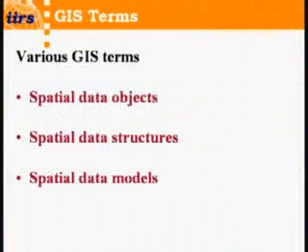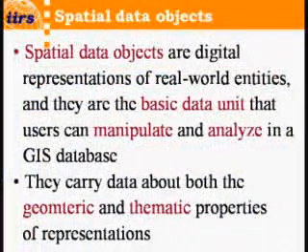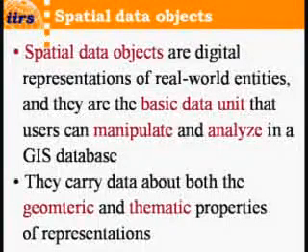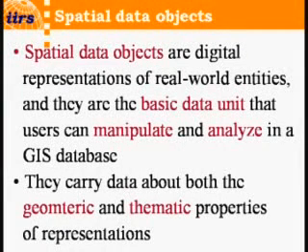So these are all different things which are being addressed in spatial data. Now, coming to the GIS data models, there are various terms being used, like spatial data objects, spatial data structures, and spatial data models. Basically, spatial data objects are more towards the digital representation of the real world, wherein the basic data unit users can manipulate and analyze in a GIS database. And in that, we are more concerned about the geometric and thematic properties of the representation.